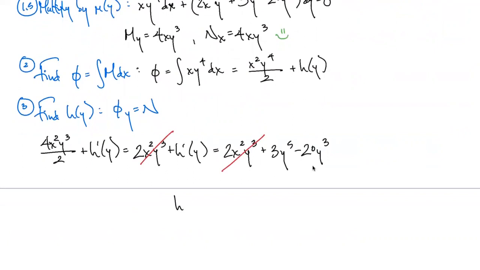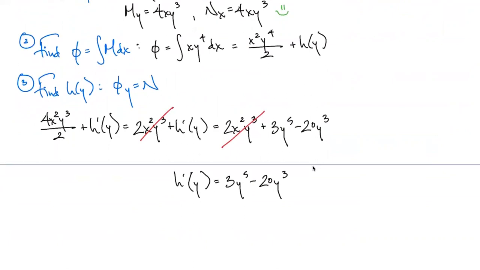And so we're left with h prime of y equals 3y to the 5th minus 20y cubed. All right. That's not too bad to integrate. We just got a bunch of power rule to do.